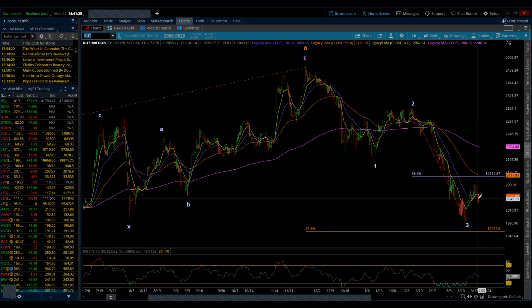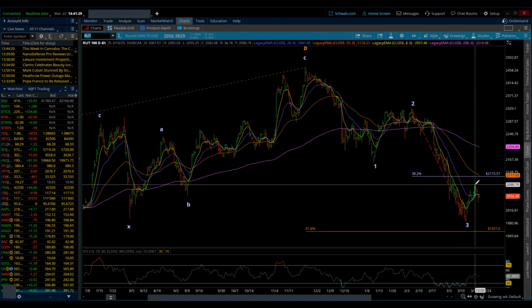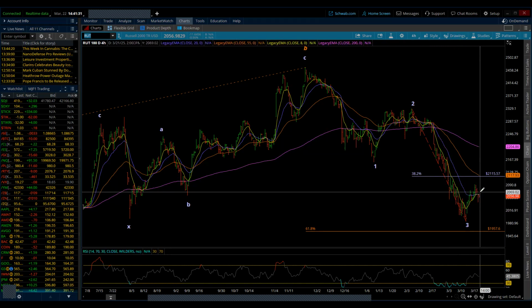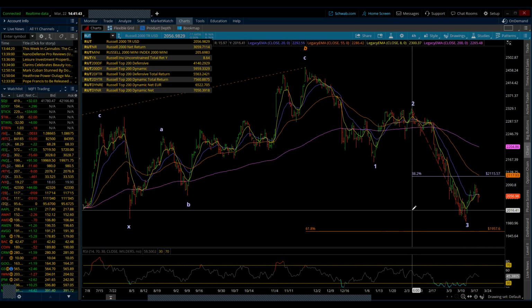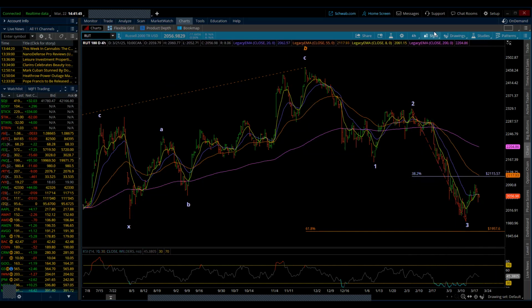What we have sitting above, as it stands right now at 2070, is the put wall, but it's also large gamma number 1. Now, remember talking about last week that in the Russell, these were all very much congested. They were grouped together very tightly.